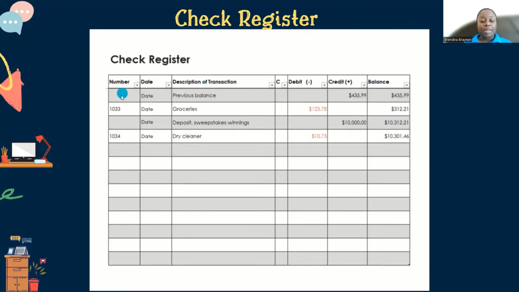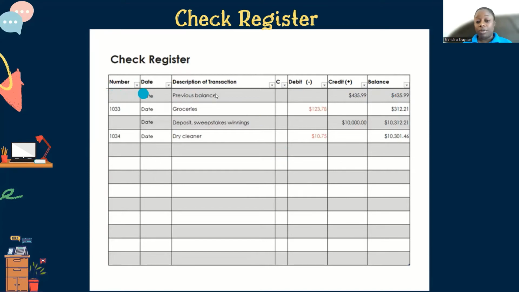And so what happens is the check register, you normally list all of the transactions that happen each month, or actually every day, and you're keeping a balance of what's in your company's bank account. So if I'm to follow this, let's say that this is the balance that came. They say that this is the beginning. This is a May check register.